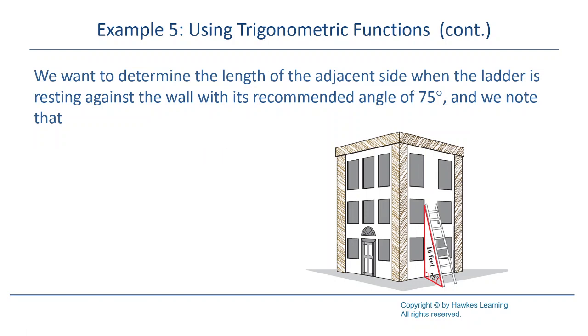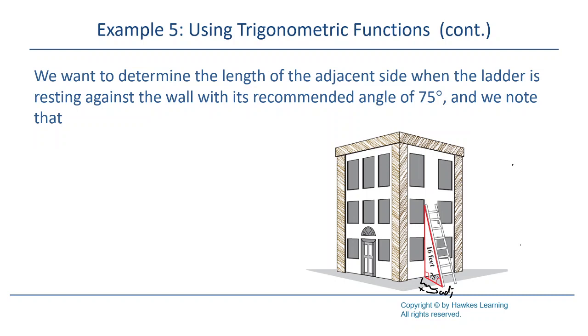So we need to know how far back does it need to be. So we need this, which that's the adjacent side, because that's the side that's between the right angle and our angle theta.